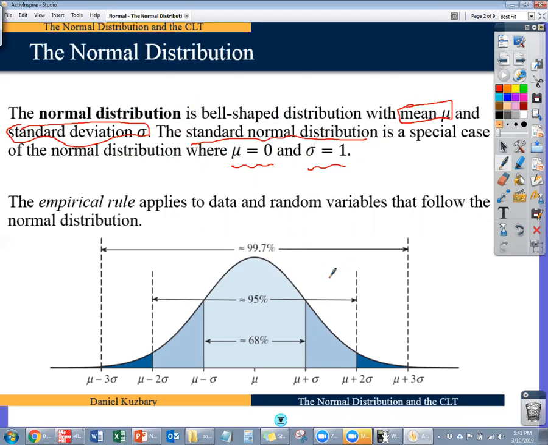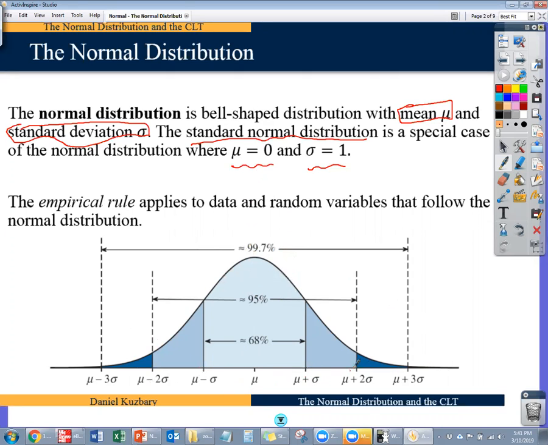This has probably come across your path before because the empirical rule applies to normally distributed data. The empirical rule, down here, shows that if you go within 1, 2, or 3 standard deviations of the mean, you've captured these percents of the data. This is a good picture of what a normal distribution looks like. You would specify your mean, so it can be any number, really. It could be negative, positive, huge, or 0.